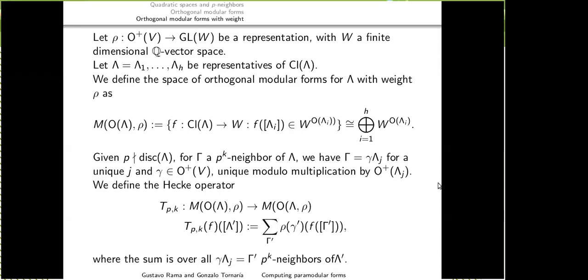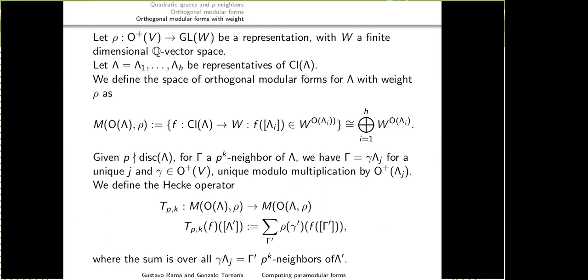So we now define the Hecke operator, TPK, similarly as before, but now we act by the representation. As before, we are summing over all the pk neighbors, but we are interested now in the transformation element from one class to its neighbors.